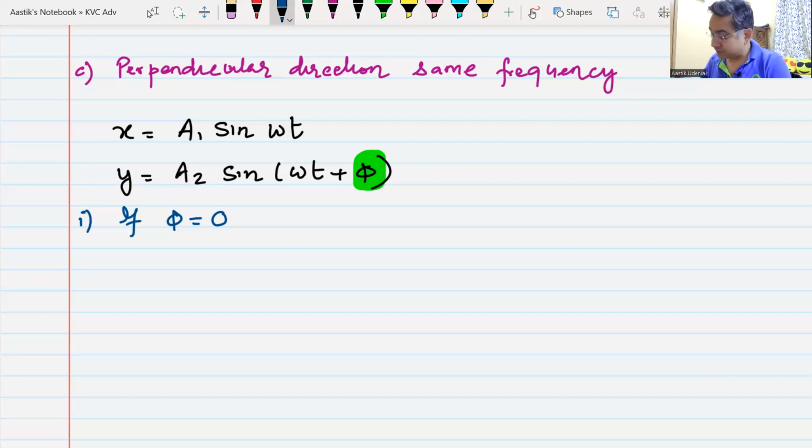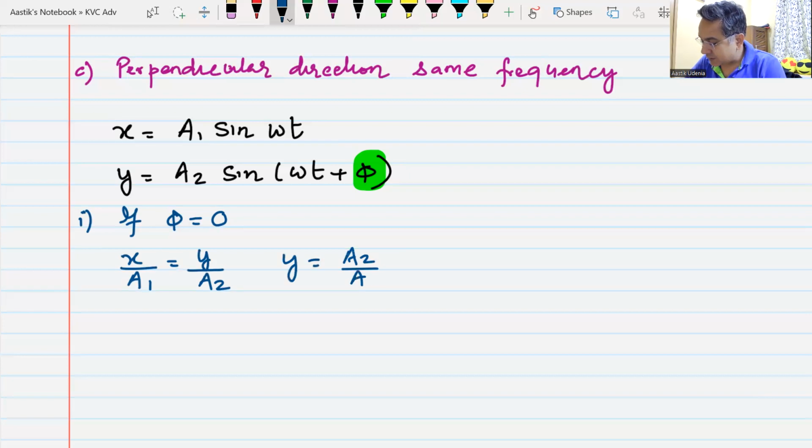If phi is 0, then x by A1 is equal to y by A2. Yes or no? Or y is equal to A2 by A1 times x. Yes or no?